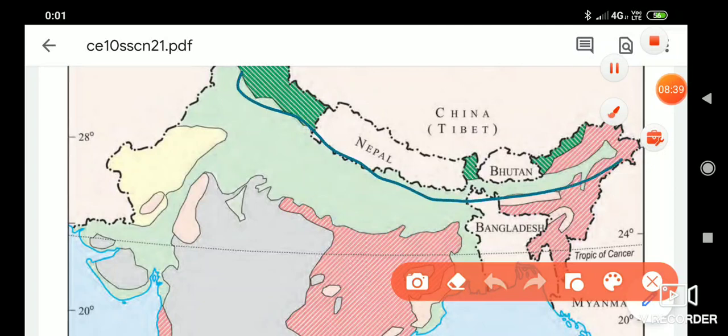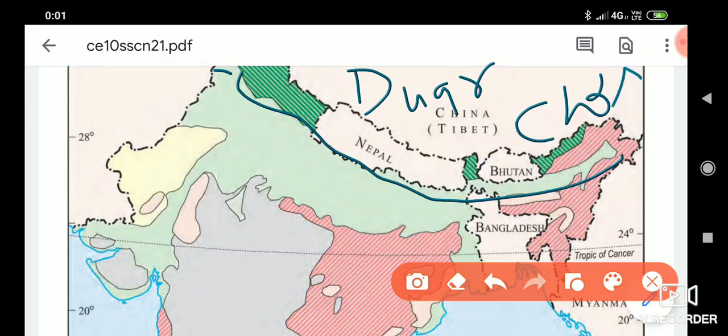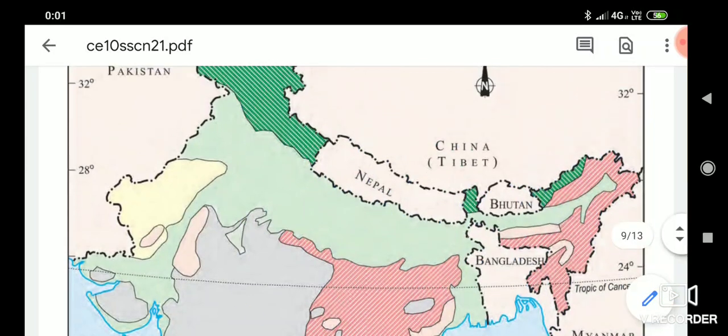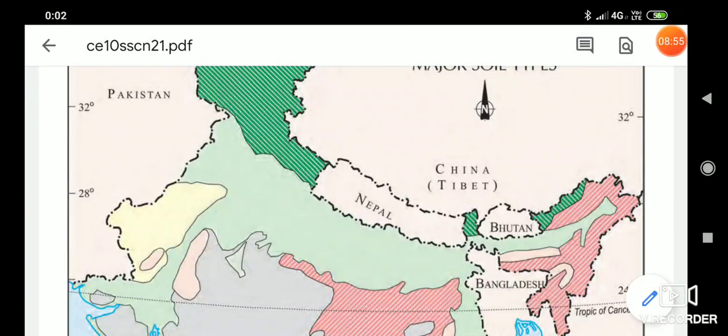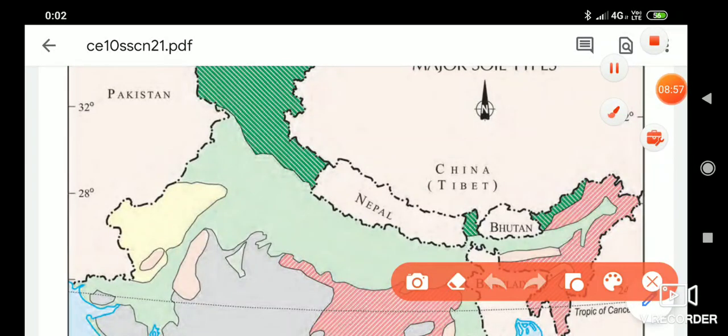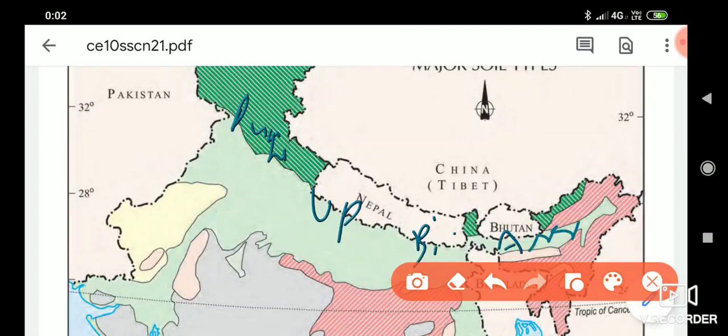Okay, but we divide this area into three parts: Dwars, Coos and Terai, right? Let's understand. Northern plains, usually we take Punjab, Haryana, UP, Bihar and Assam. Okay, so these are the northern plains especially.